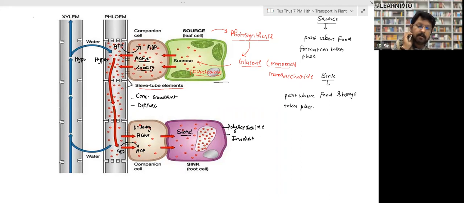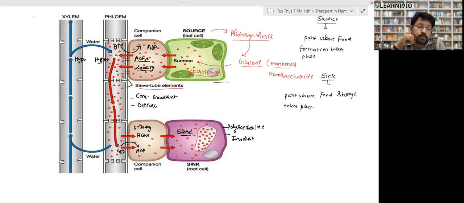Again, from the source cell or mesophyll cell, the food is transferred to the nearby phloem. In phloem, first food is transported into the companion cell. We know that companion cells are active, living cells. So food is transferred with the help of the process of diffusion, or we can say the process of osmosis.